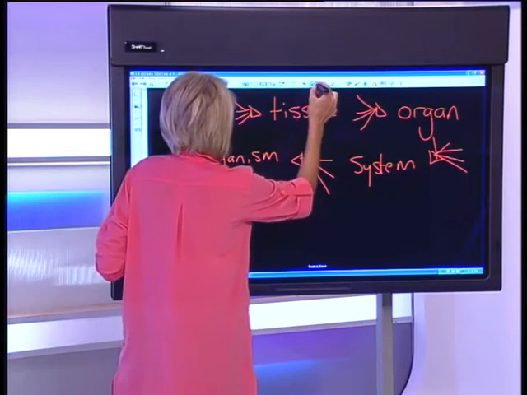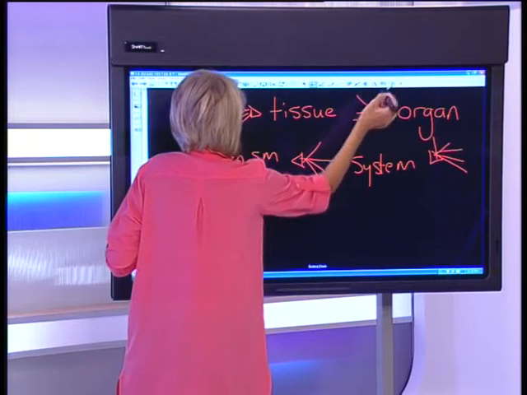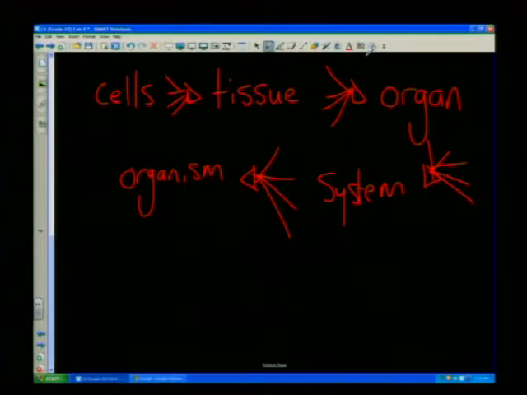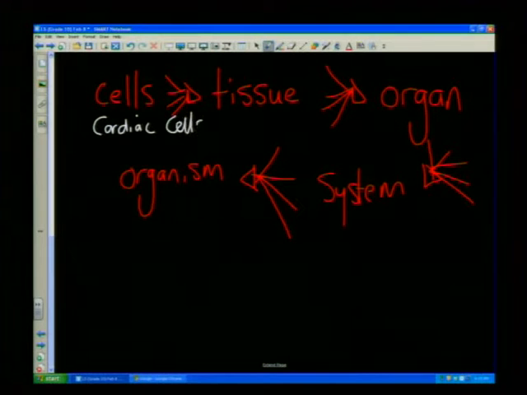Let's get another color here. Okay, cells, let's say, I'm trying to think, cardiac cells. Cardiac should tell you that you're going to find them in the heart.